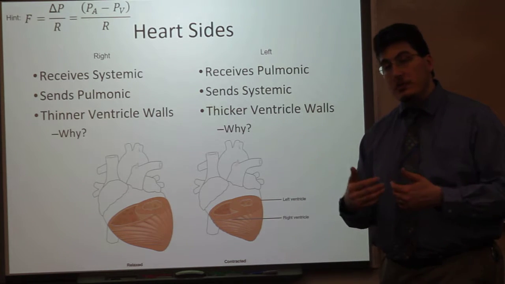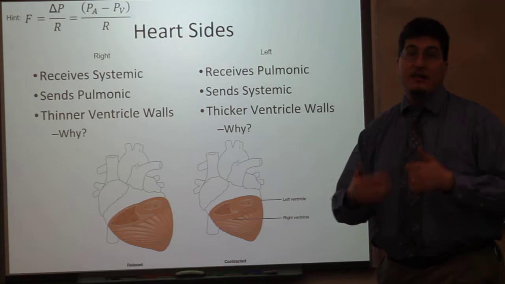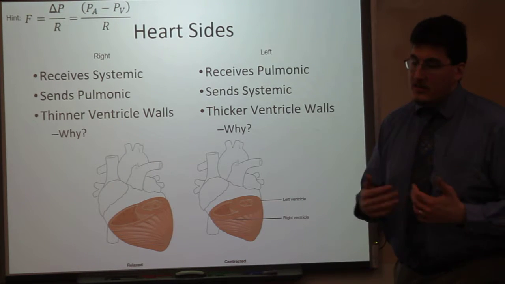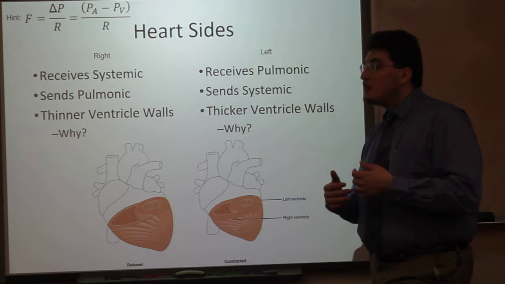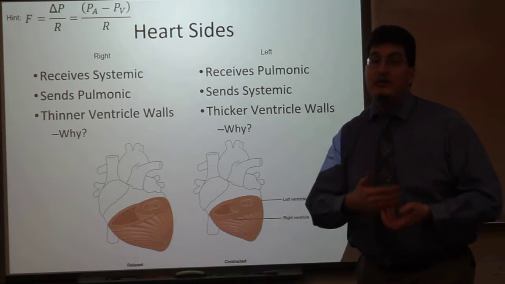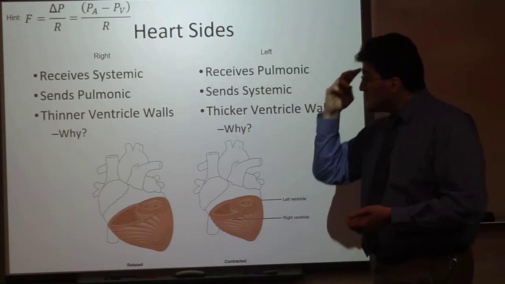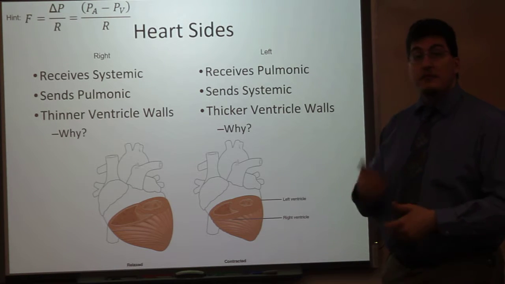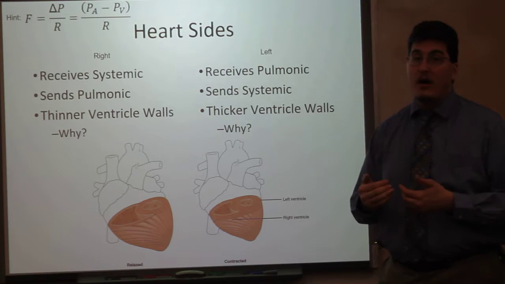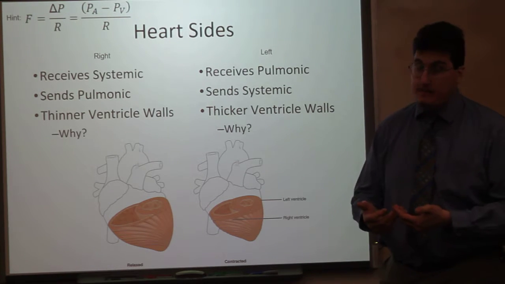So if there is too much blood in the systemic circulation, you'll have edema in the legs and arms and various other body organs. And if you have too much blood in the pulmonic circulation, you will have pulmonary edema, and it will be very difficult to breathe. So one way or the other, the flow needs to be equal. You need to pass blood through both sides of the heart at the same flow rate.